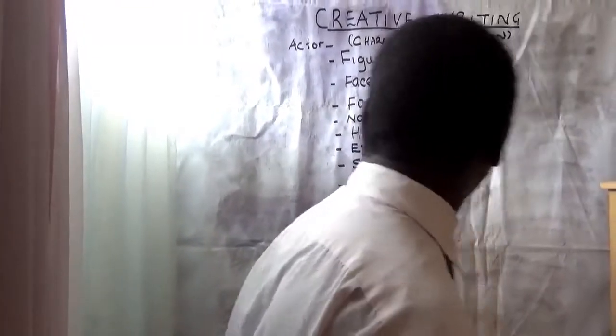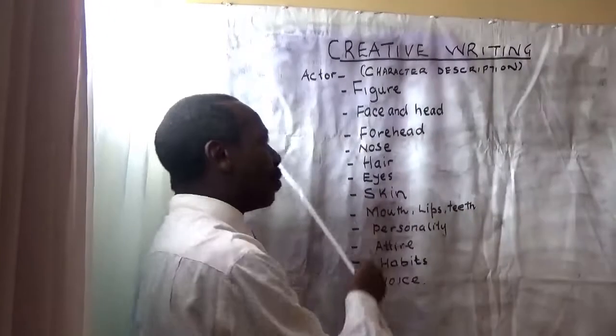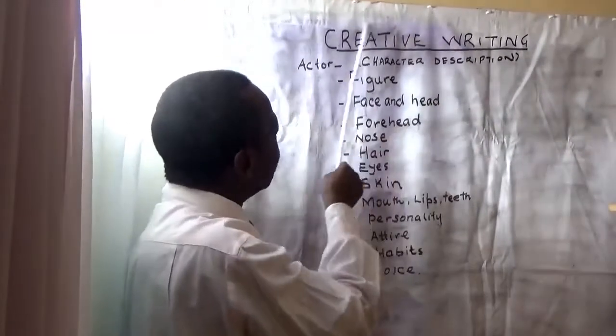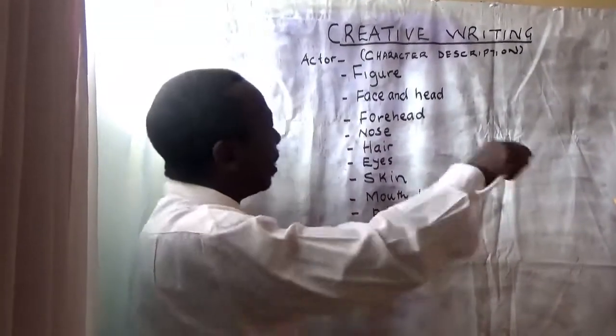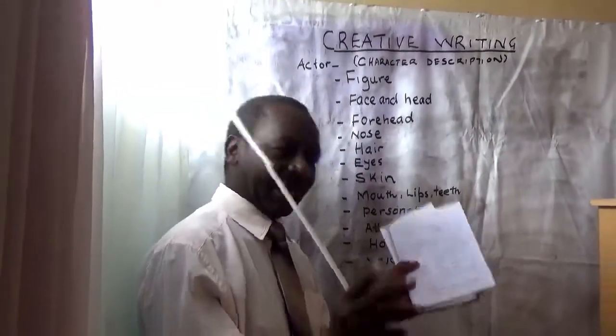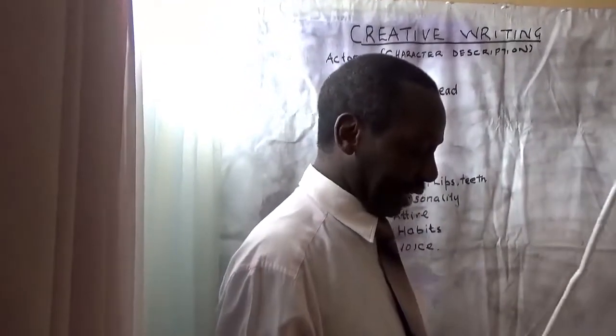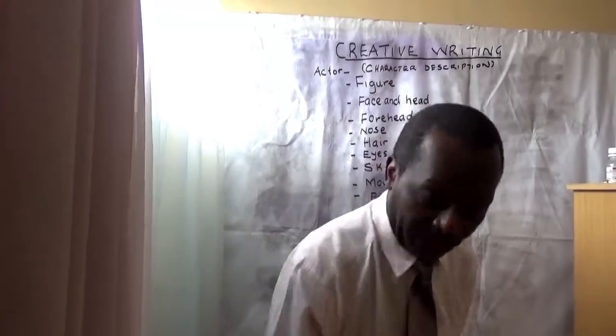So, in essence, what we are trying to say is that when you describe your character using the simple points that I have told you here, you are able to draw in the reader's mind what type of person you are writing about.